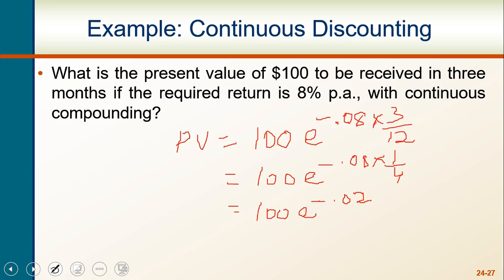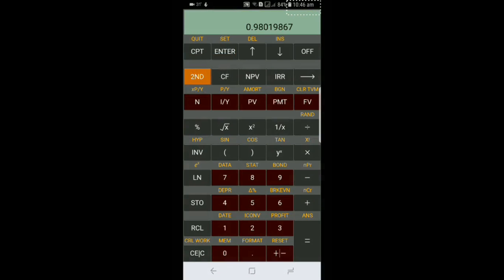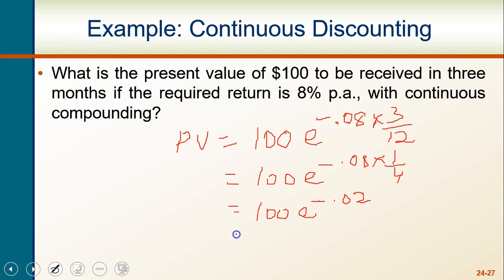And when I press that, my calculator is showing me a value equal to 0.9801. So which means that e raised to the power of minus 0.02 is equal to 0.9801. So we can write that result here, 100 multiplied by 0.9801.